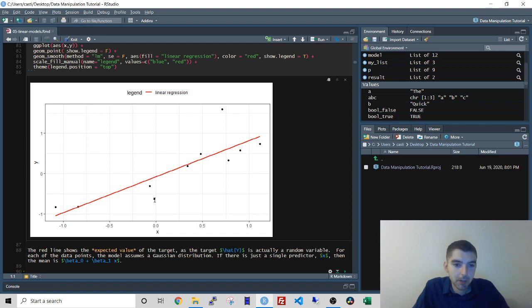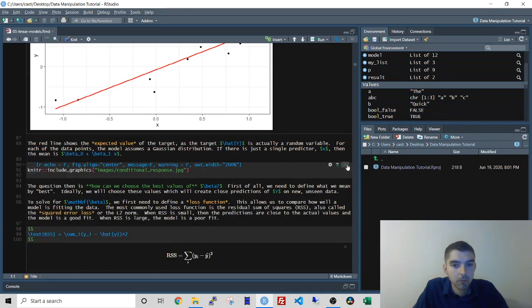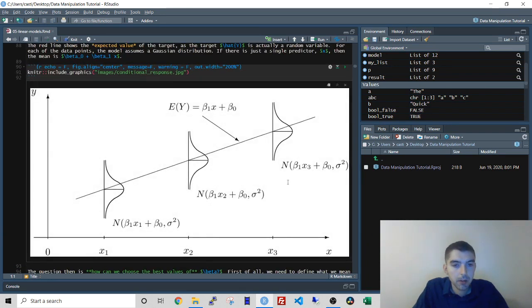This person might have x equal to 0, y equal to negative 0.8, but their predicted value is here on the red line, where x is equal to 0, y is equal to about negative 0.1.